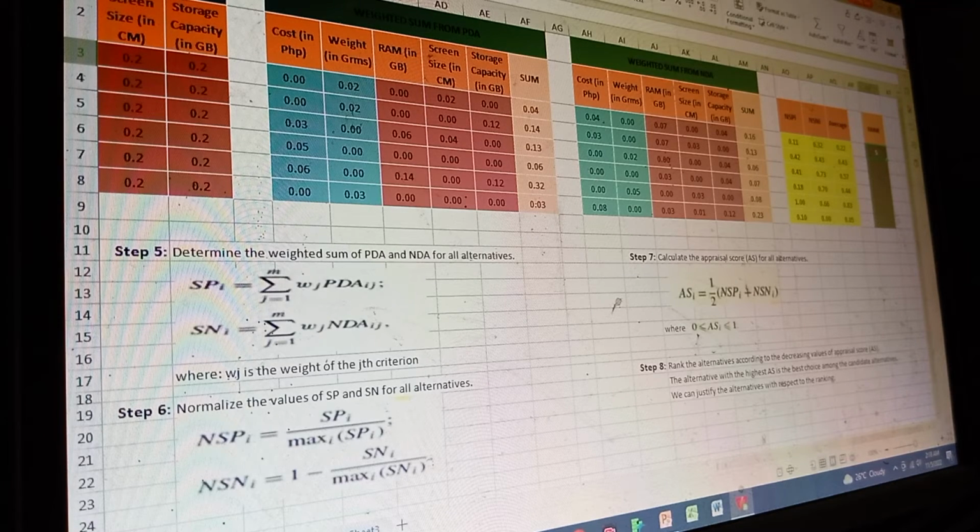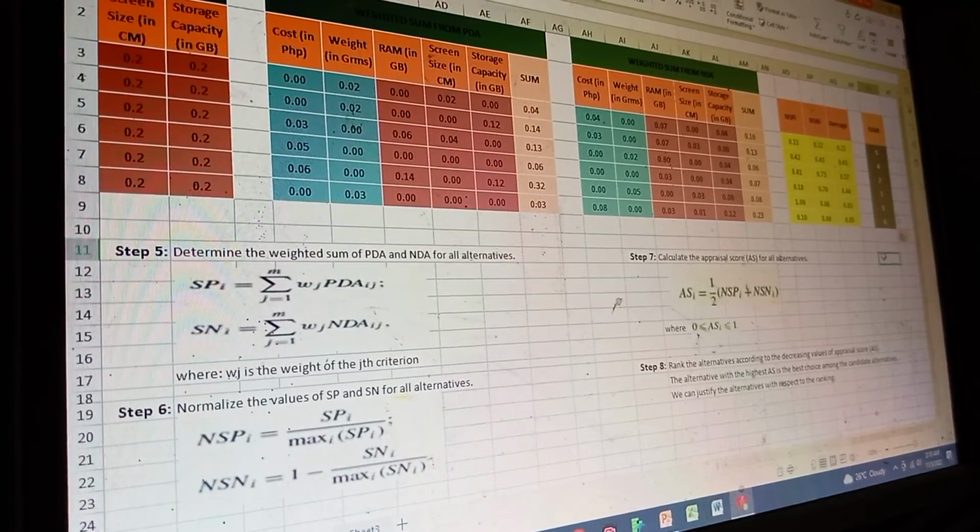So this one. Okay. Yes, this is the value now.